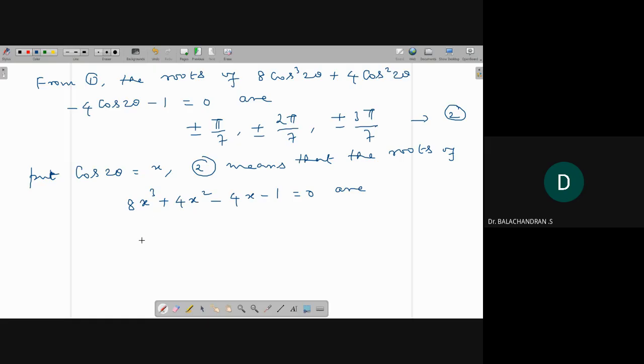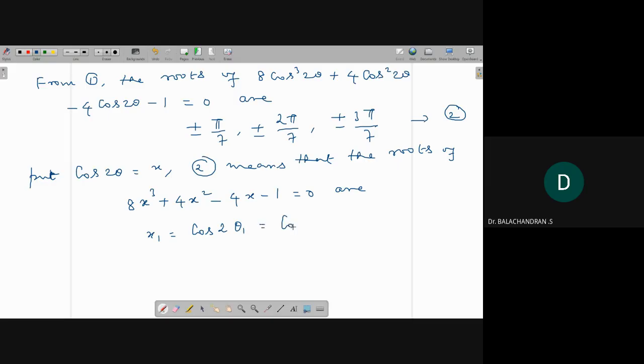The roots of these equations are, it's a cubic equation, x1, x2, x3. What is x1? x1 equal to cos 2 theta 1. Suppose I take this as theta 1.